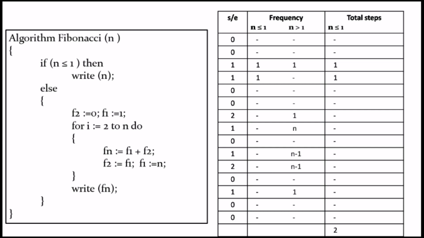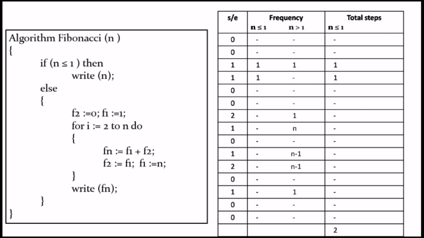This for loop will be executed n minus 1 times when the condition is true. So this particular statement will be executed n minus 1 times. Even the next line, even though there are two statements, this entire line will be executed n minus 1 times. After executing the for loop, the next is the closing floor bracket, so it will be considered as zero frequency.